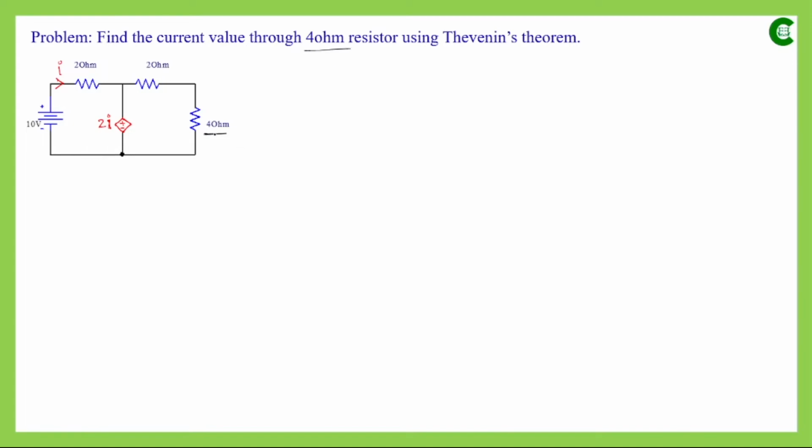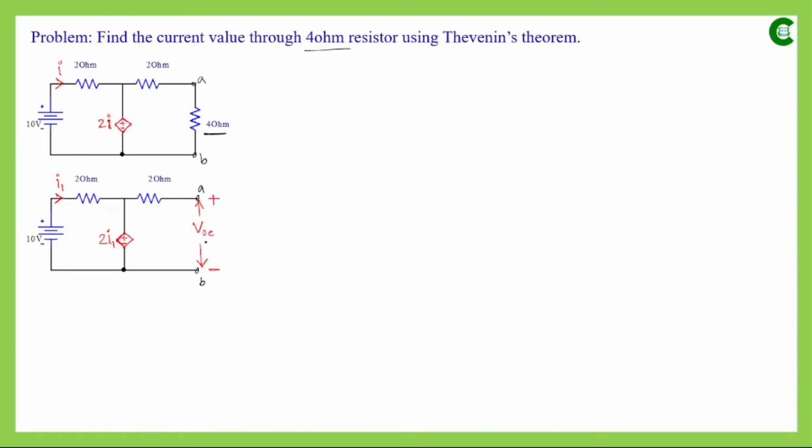That means this resistor. So in the first step, let's say these are the terminals A and B. We will remove this 4 ohm resistor, and that will create open terminals here, across which we will find the open circuit voltage. To find that, as we can see, after removing this 4 ohm resistor, through this 2 ohm resistor no current will be flowing.